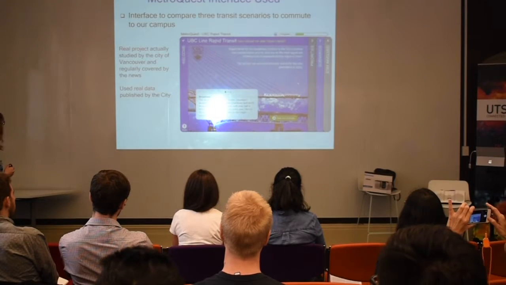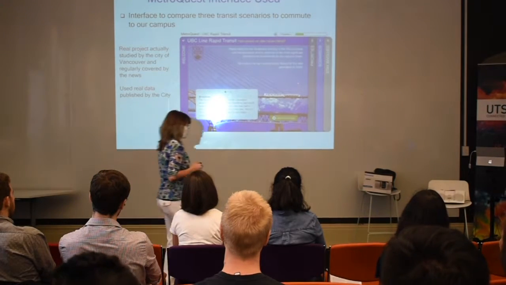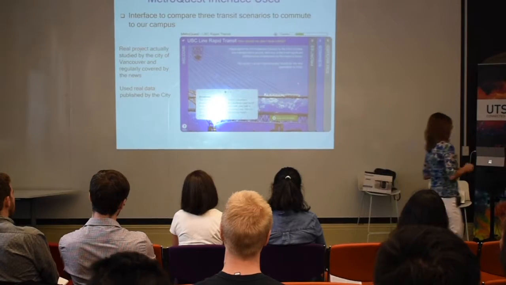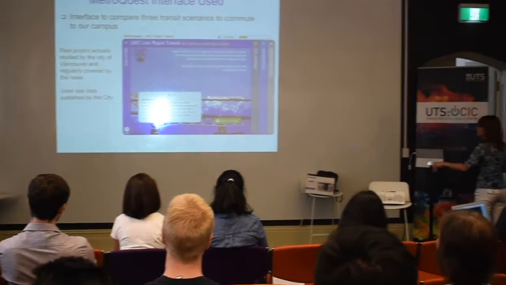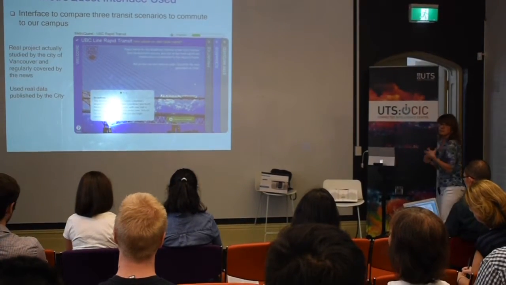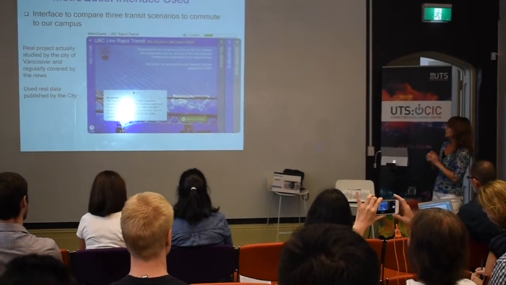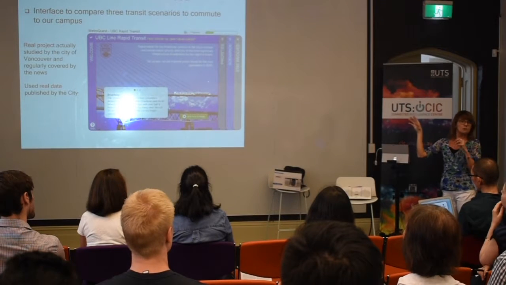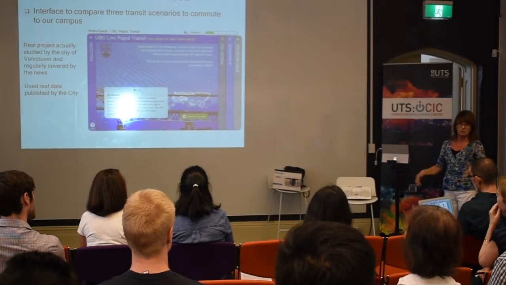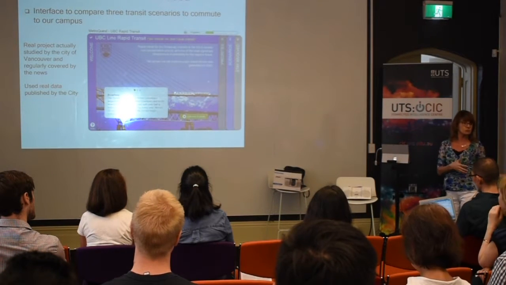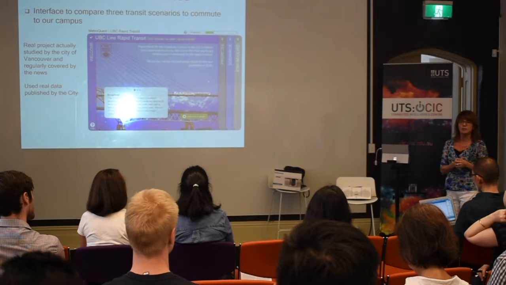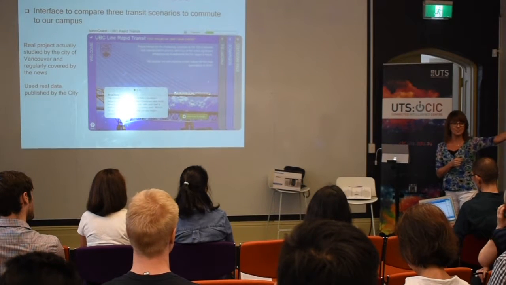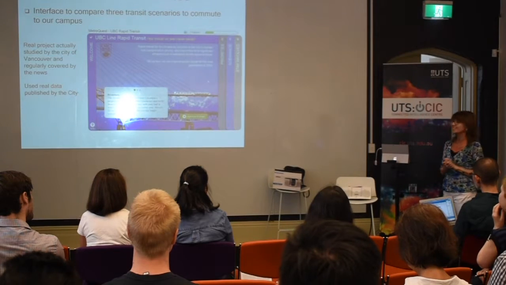So I'm going to show you how this interface works, just with the example that we created for our own study. And essentially, the decision-making here relates to building additional public transport to campus in Vancouver, similar to what's happening here with all these nice tracks being put everywhere.